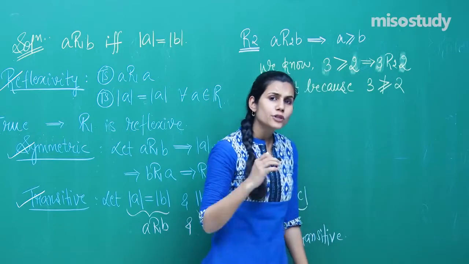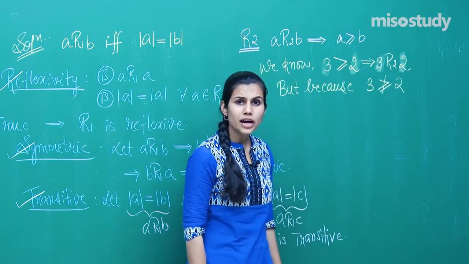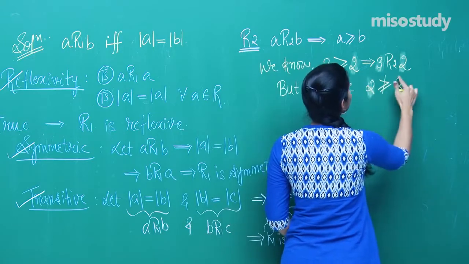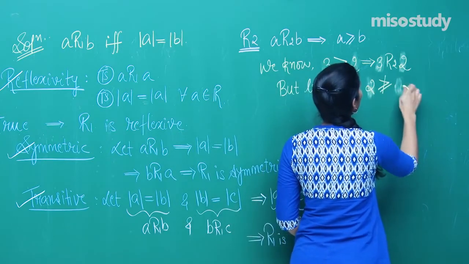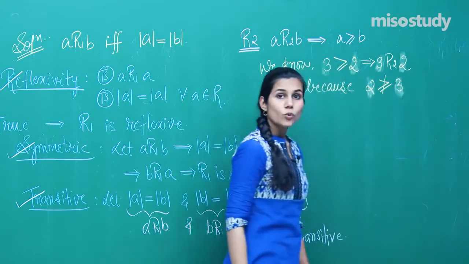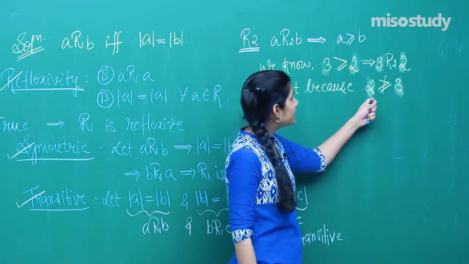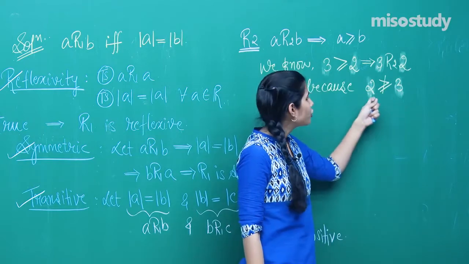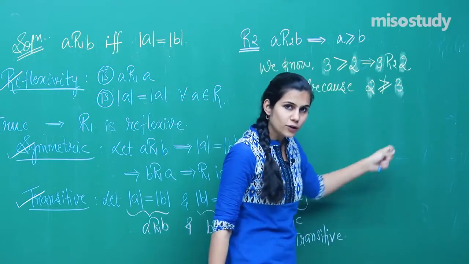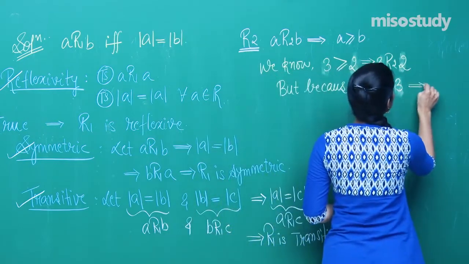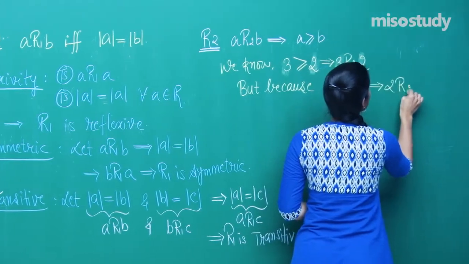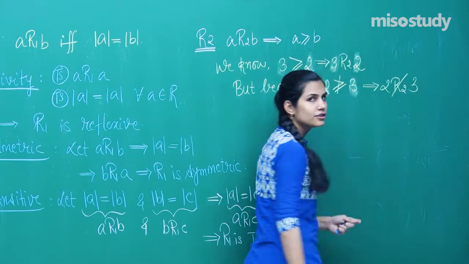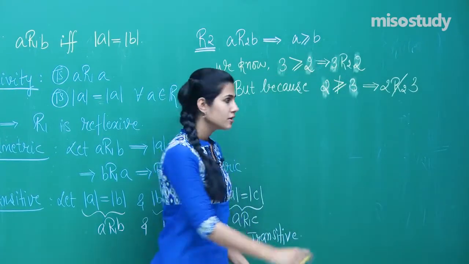Does this imply 2 is related to 3 under the relation R2? For that, I need is 2 greater than or equal to 3 or not? Well, not at all. 2 is neither greater than nor equal to 3. Therefore, 2 is not related to 3 under the relation R2.